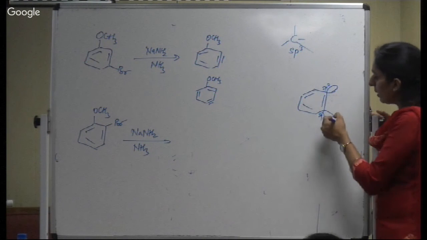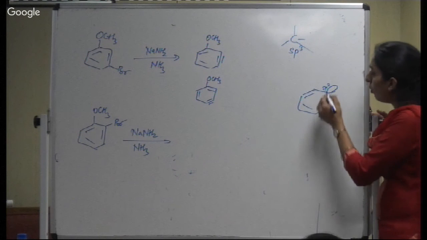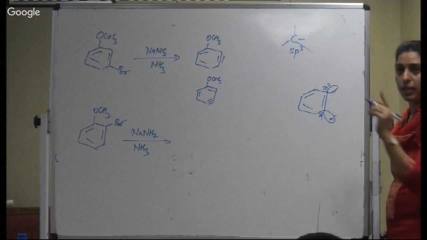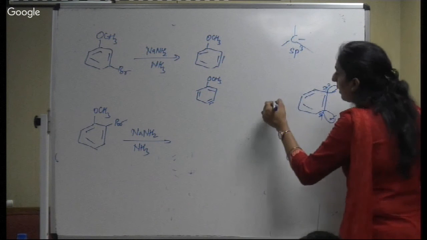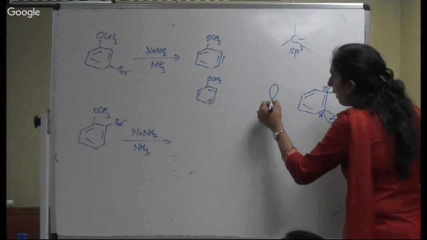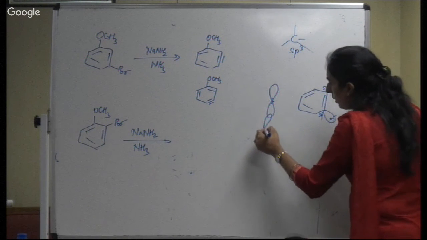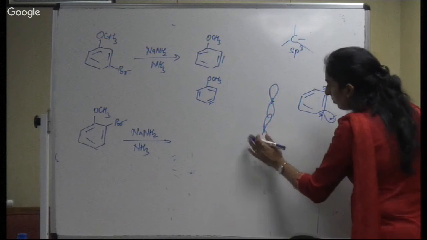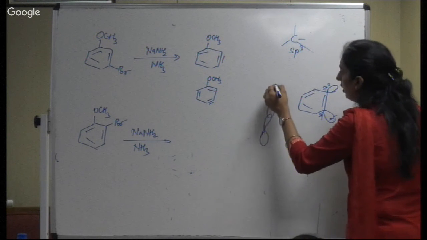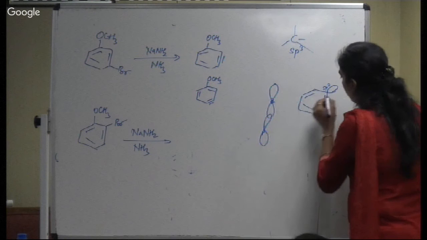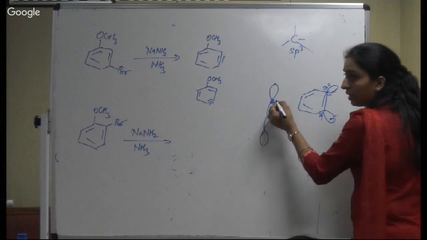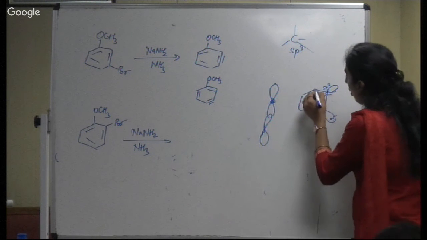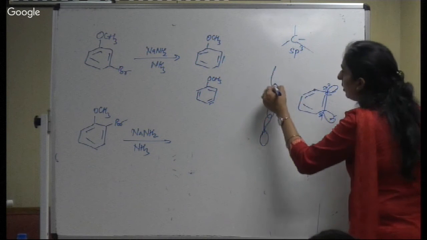Because the moment a third bond formation takes place, both the carbons will become sp hybridized. For sp hybridized orbitals, the orbitals should be like this. Do you all agree? That means this carbon is now sp hybridized, so the bond with this carbon will come here.